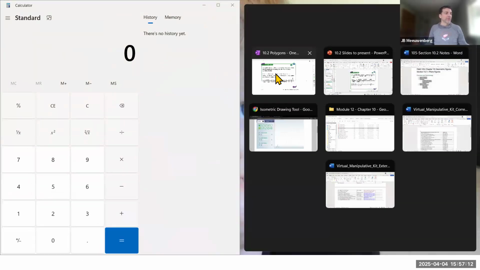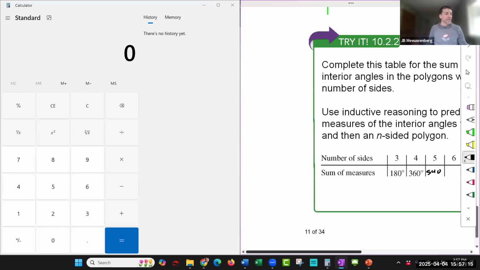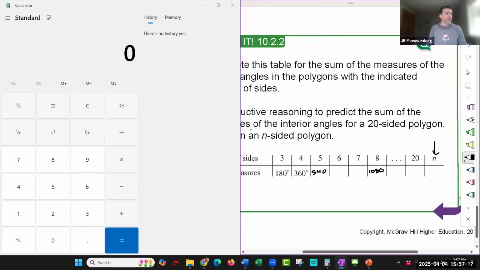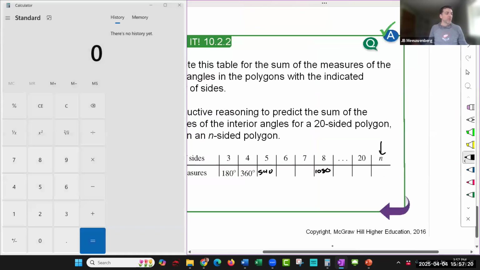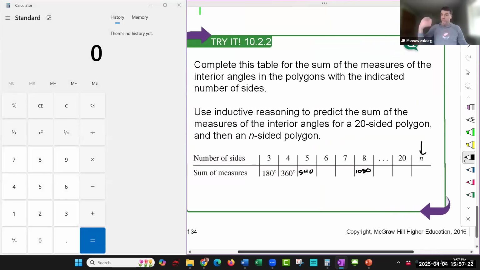I'm going to pull up my calculator here, and we're going to do a little multiplication. So rather than drawing them, maybe what you started to notice in our little chart was that the number of sides in our polygon, if we subtract 2, that's how many triangles we can get. So if we had a 6-sided figure, we take away 2, we get 4. 4 times 180 is equal to 720 degrees.